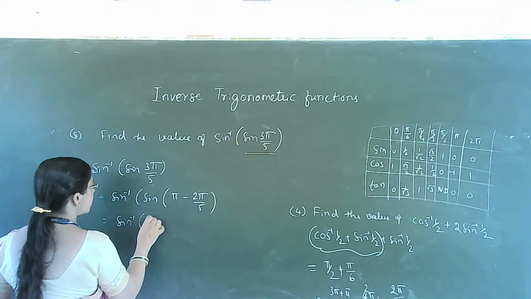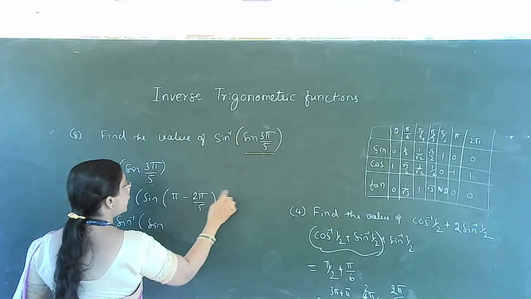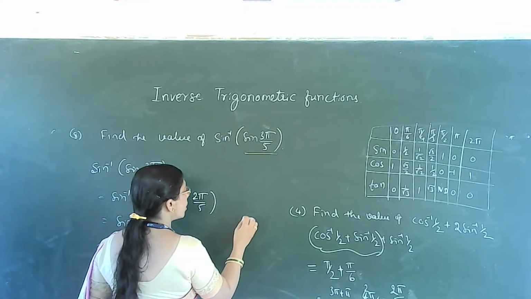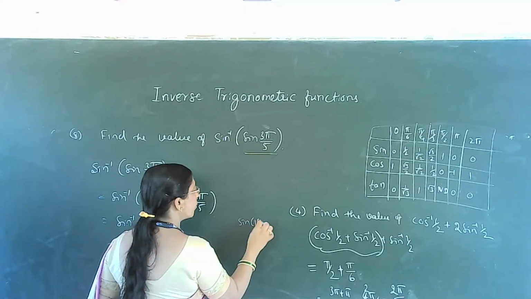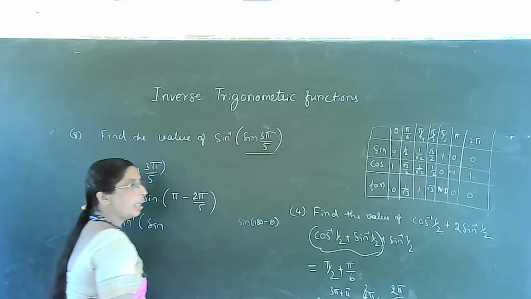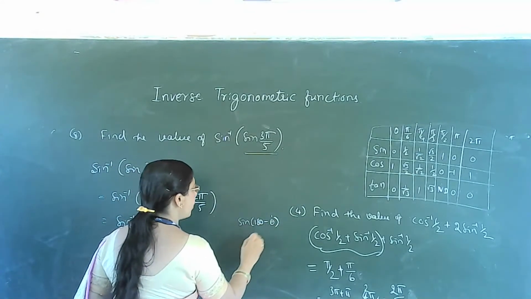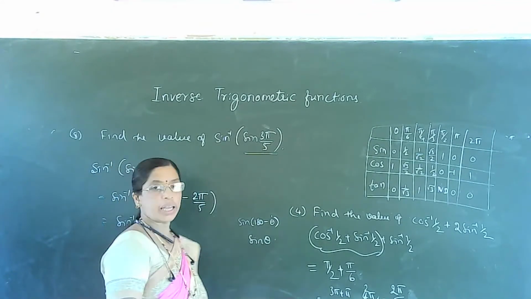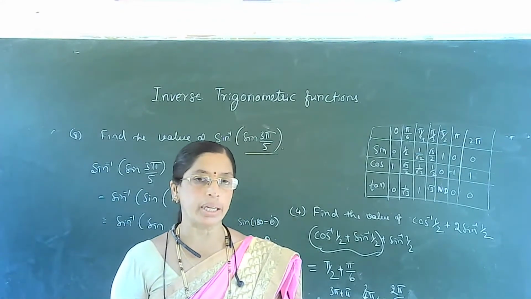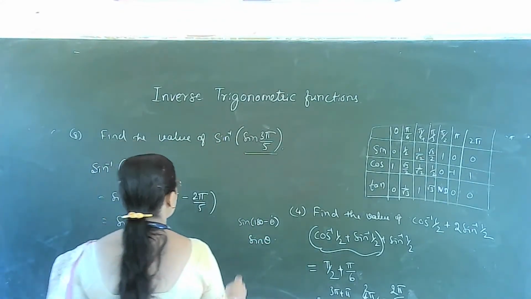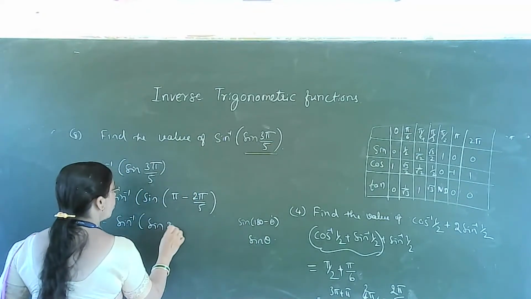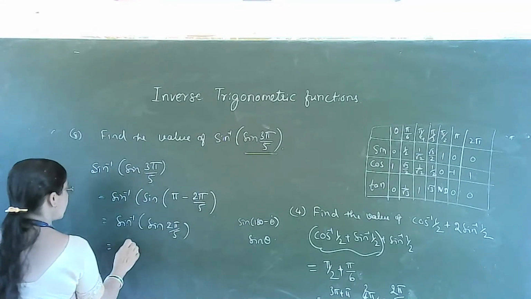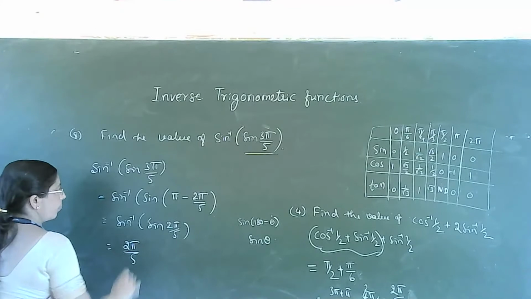Sin of 180 minus theta is sin theta, because it is in the second quadrant, where sin is positive. Therefore it's sin of 2 pi by 5, sin inverse sin is cancelled, and the answer is 2 pi by 5.